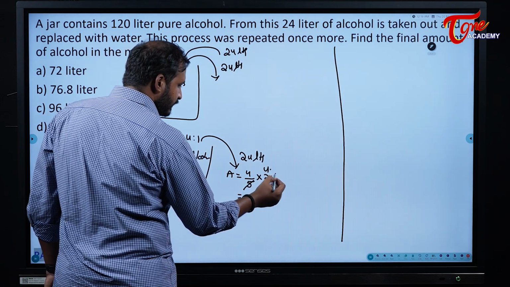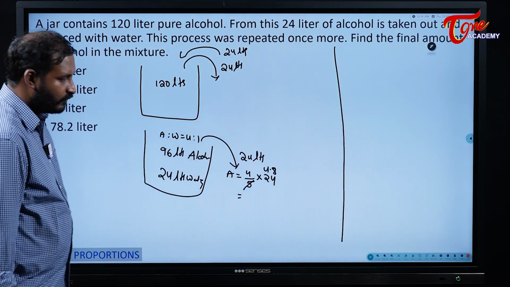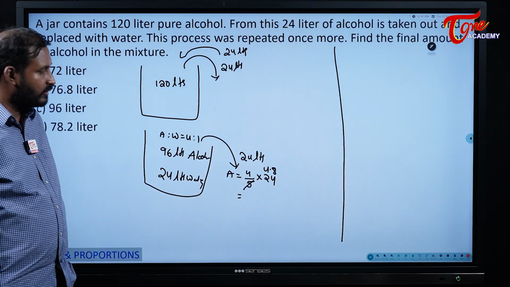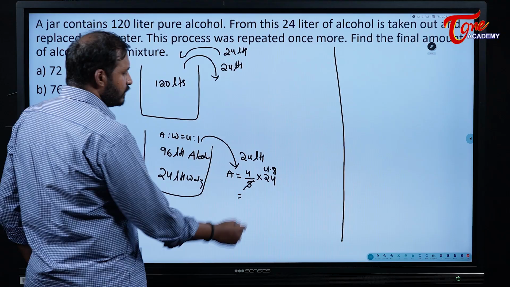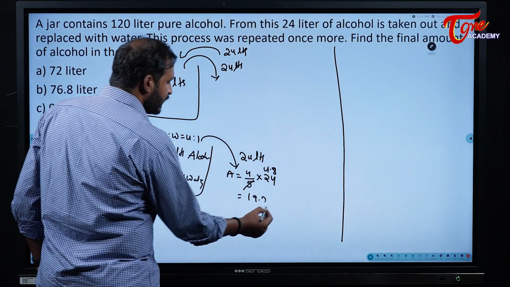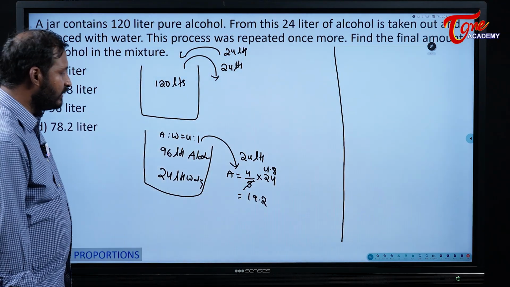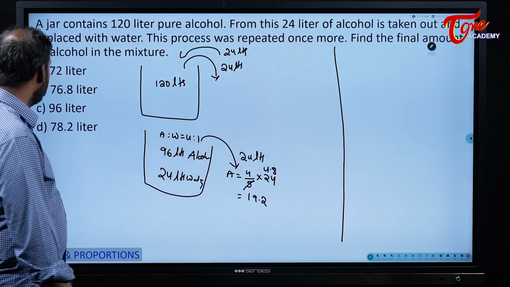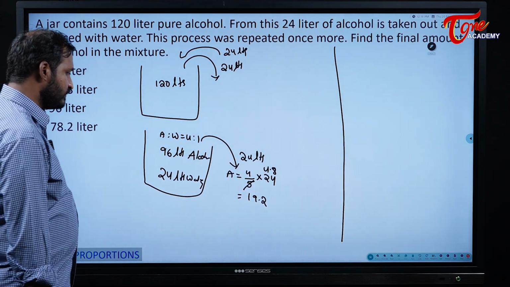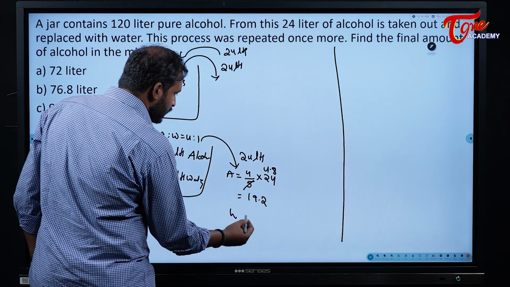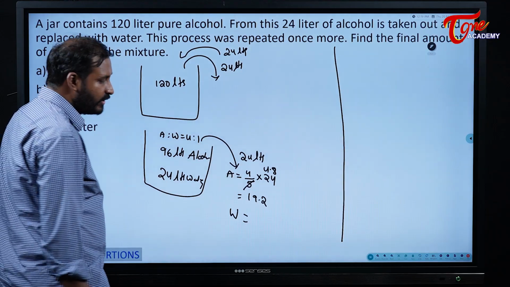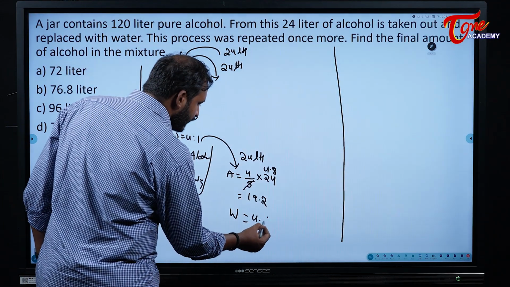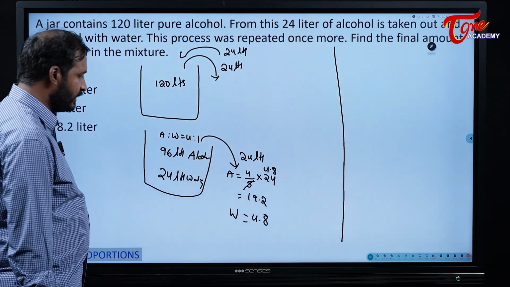So 4.8 into 4. What will you get here? 19.2. So 19.2 liters of alcohol will come out from this one. And when it comes to water, out of 24, if alcohol is 19.2, water will become 4.8.